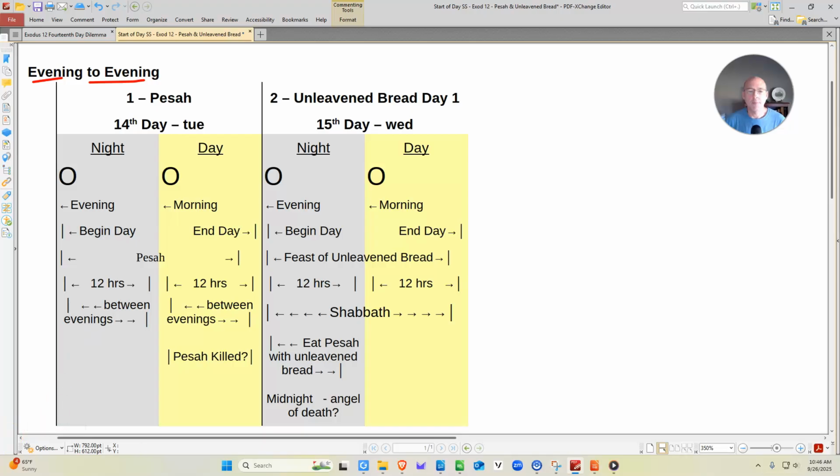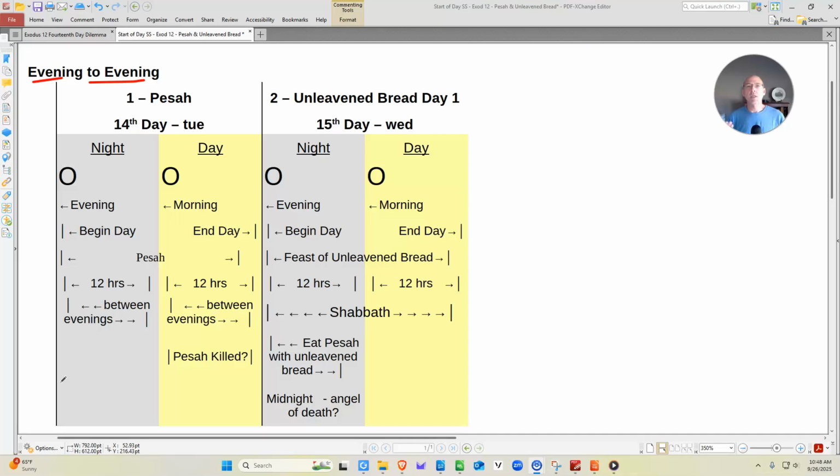So let's consider what this looks like when we consider day 14 and the instructions of day 14 and day 15. The command of Exodus 12:6 is that we shall keep our Passover lamb until the 14th day of this month, and then the whole assembly of the congregation shall kill the lamb. Depending on what version you read, they will kill the lamb at either evening or twilight. But either way, let's consider what this means on this timeline.